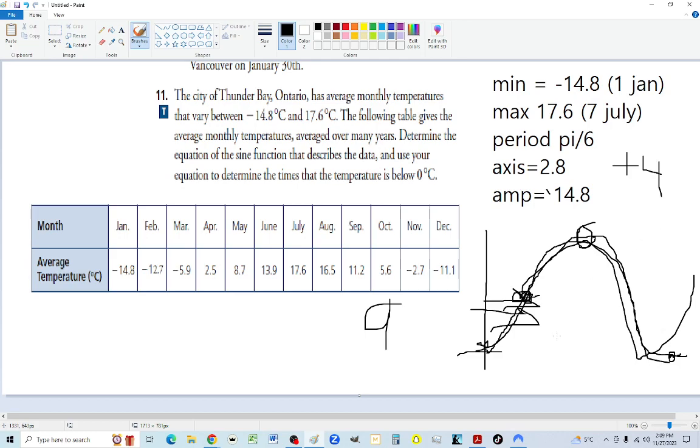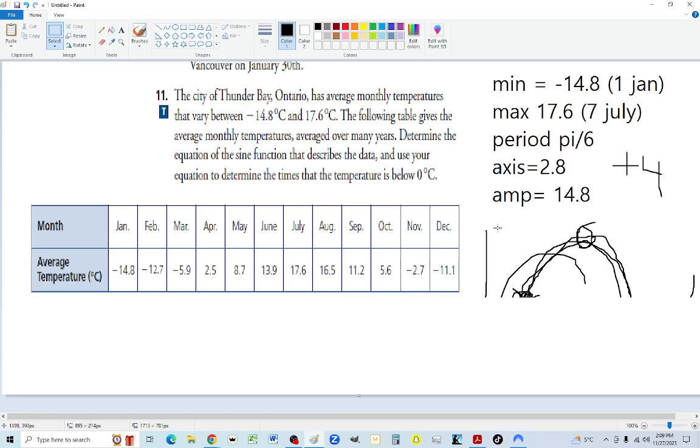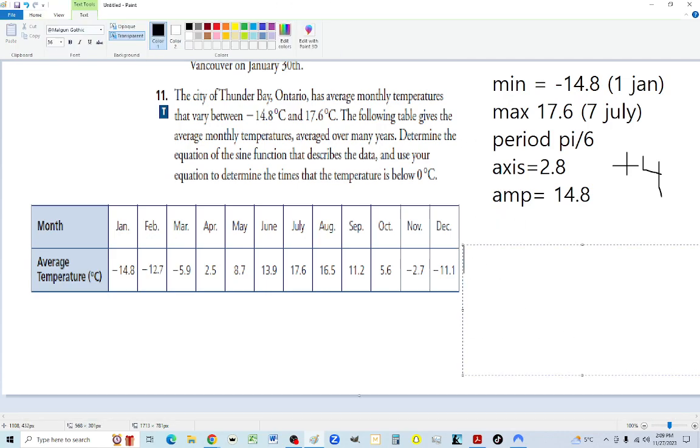Let's see if that's right. Now, ideally, I would just put a negative amplitude with a cos curve is the perfect solution. But for the sine curve, this is what we're going to have to do. And it won't be flipped because it's just pushed to the right. Sorry, minus 4 to push it to the right. That should be it for the sine curve.